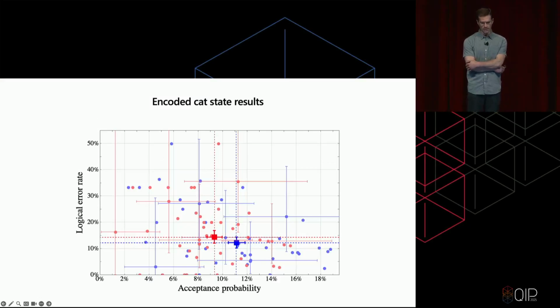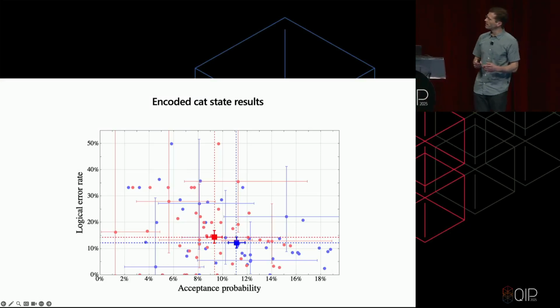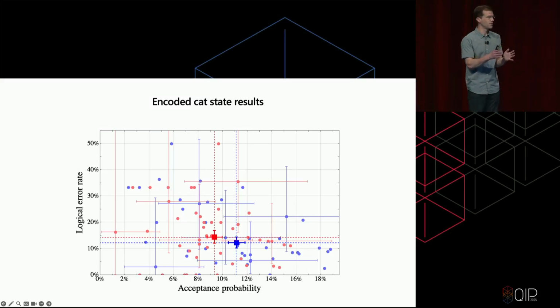To me, this is an interesting plot because it suggests that some of the runs are better than others. If you look at the runs in the bottom right, those look really good. So maybe the machine is better sometimes than other times. You know, they're automatically calibrating the machine all the time.